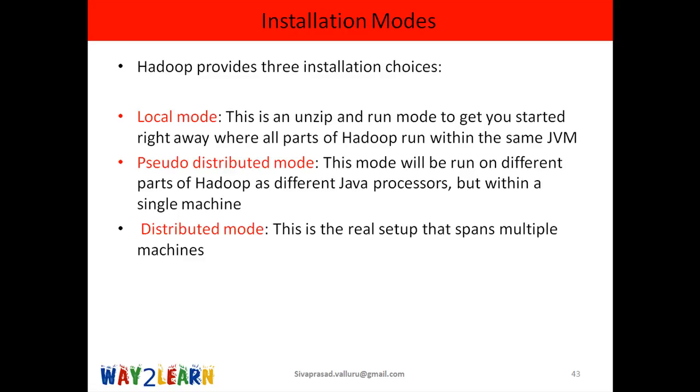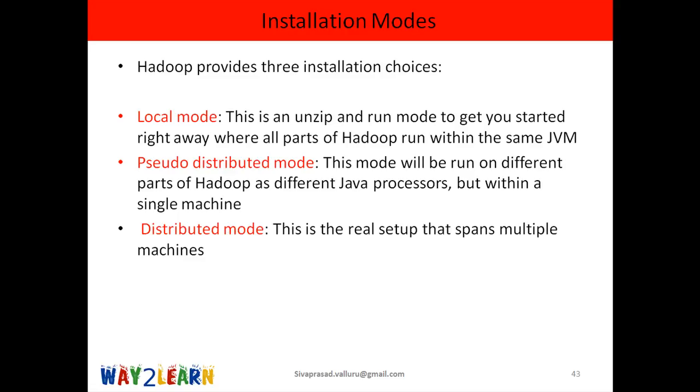That means for name node a separate Java process will start, for data node a separate Java process will start, task tracker and job tracker will run as separate Java applications but on a single machine. So there is no distributed mode. Every process like name node, data node, everyone is running on a single machine. So it simulates a distributed mode. That's why we call it pseudo distributed mode.